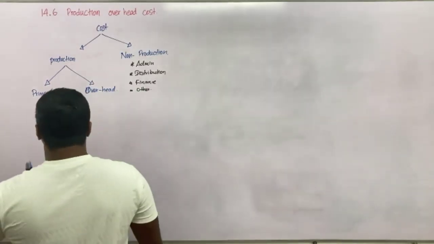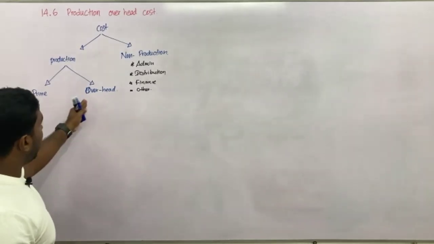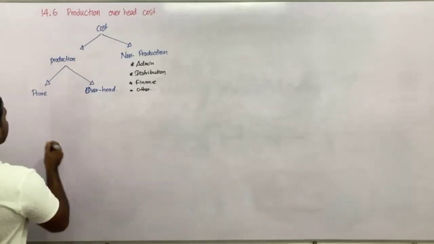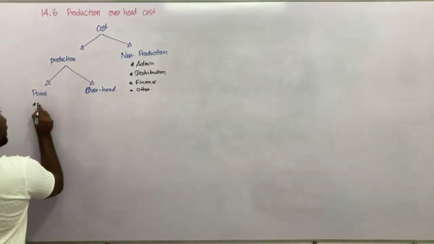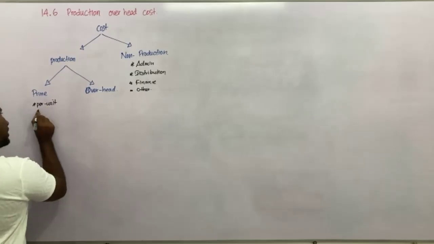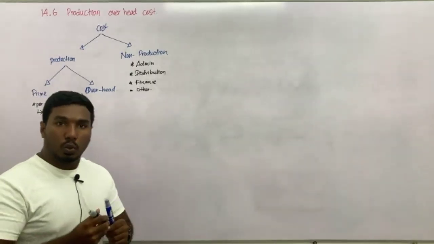Coming to the production cost: prime and overhead cost. Prime cost means that per unit you can identify the cost.